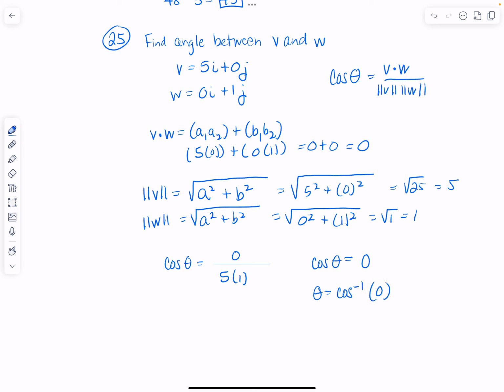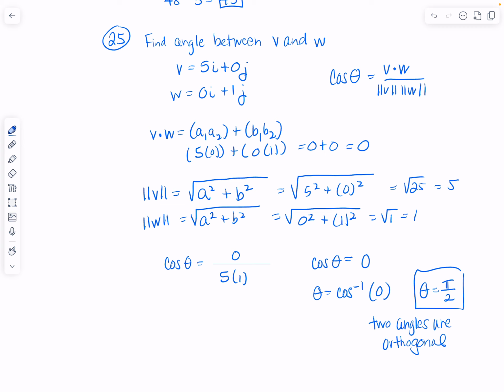So where does cosine equal 0 on the unit circle? It's pi over 2. Okay, so the angle between the two is pi over 2, which means those two vectors are orthogonal, because they're 90 degrees away from each other. Okay, all right, that was number 25.